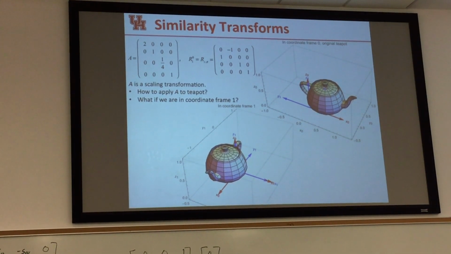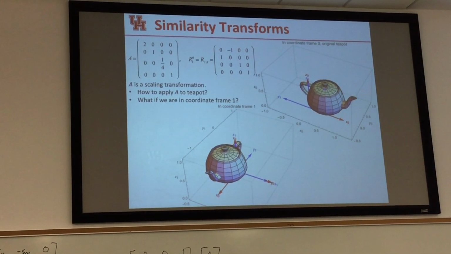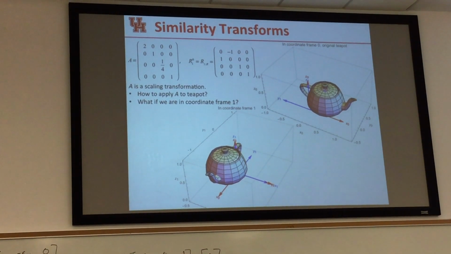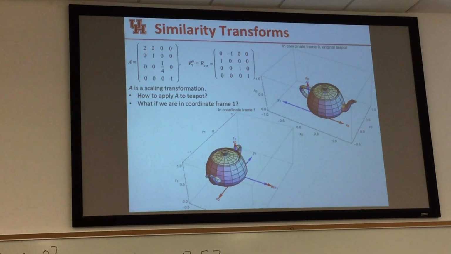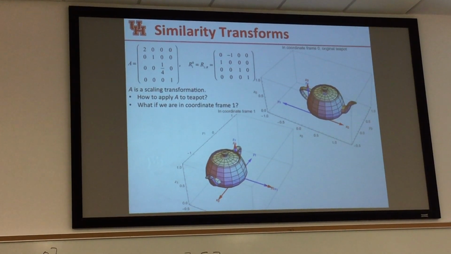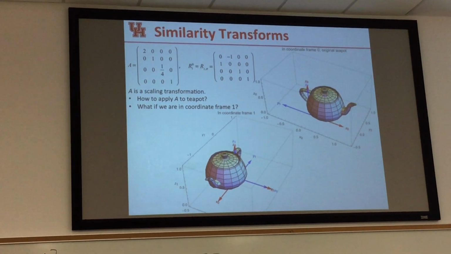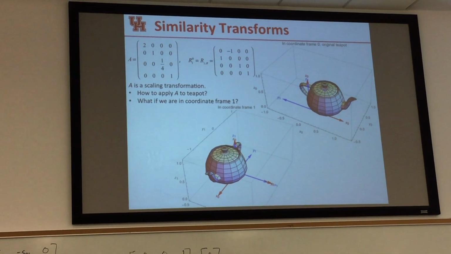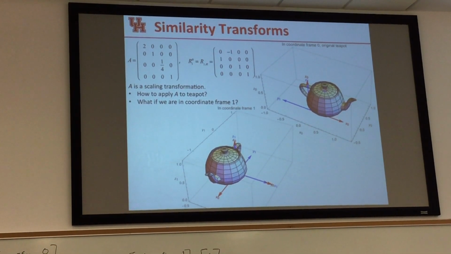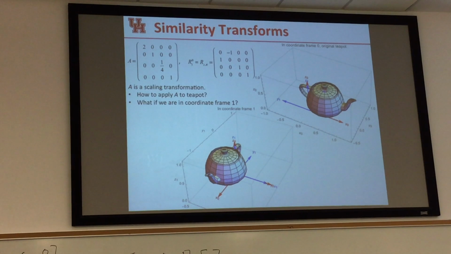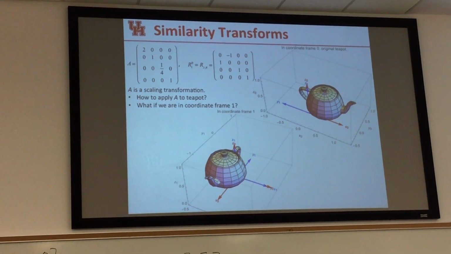It tells me where these points map to. In this case, A is just a scaling matrix, and you can tell because only the diagonal entries are non-zero. So it's going to stretch out my shape: in the x direction it gets twice as long, so every x coordinate is multiplied by 2. Every y coordinate stays the same, but every z coordinate is multiplied by 1/4. So it'll get squashed flat. This is the linear transformation A that I'm going to apply.